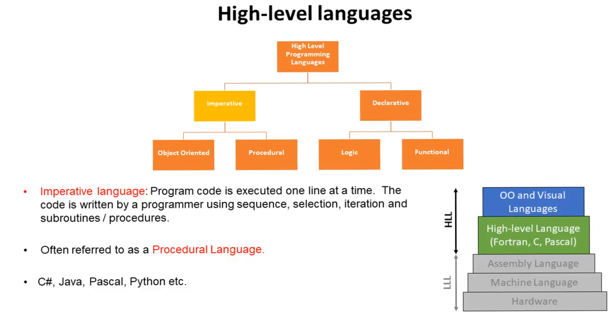It's not strictly true, but often people use the word procedural language to mean imperative language, and this can be anything like C#, Java, Pascal, Python. It is more than likely a procedural or imperative language which you have been using to teach yourself programming. It's the most common form of high-level language used in education.